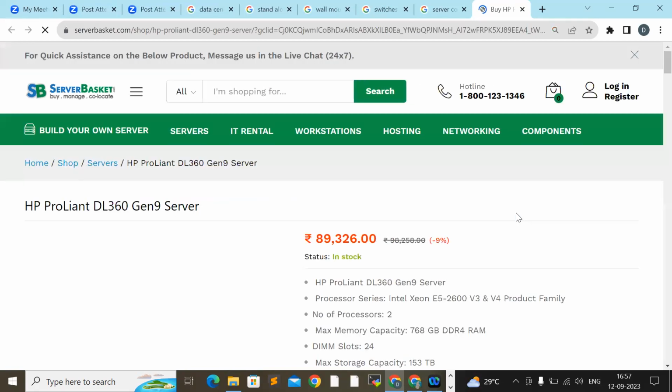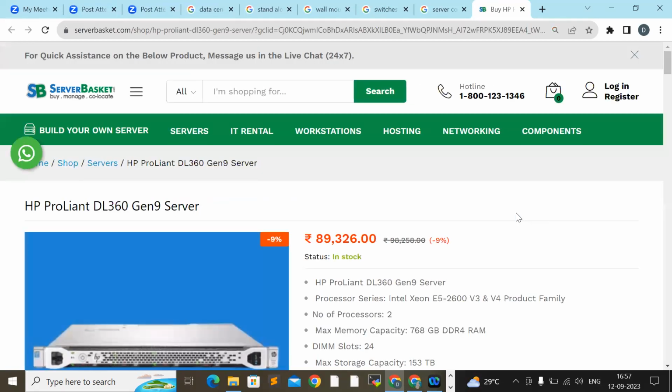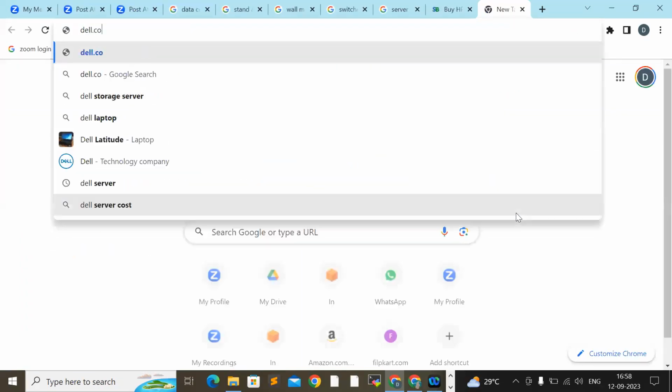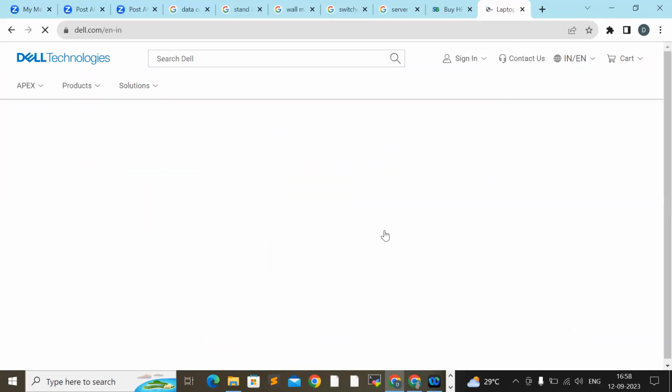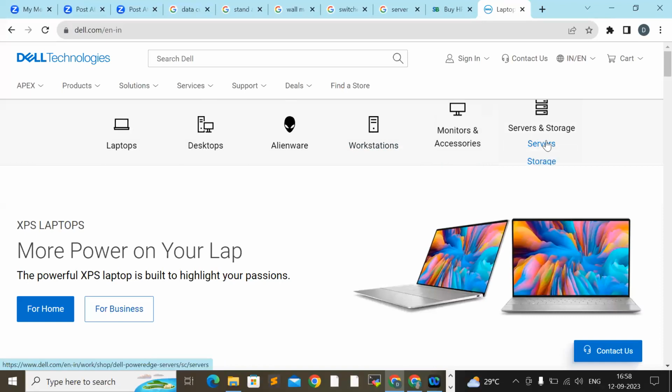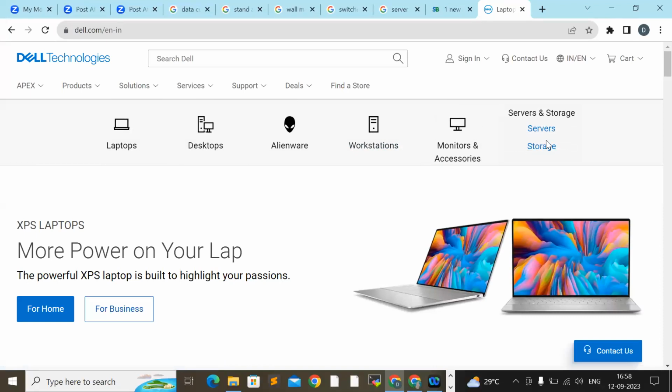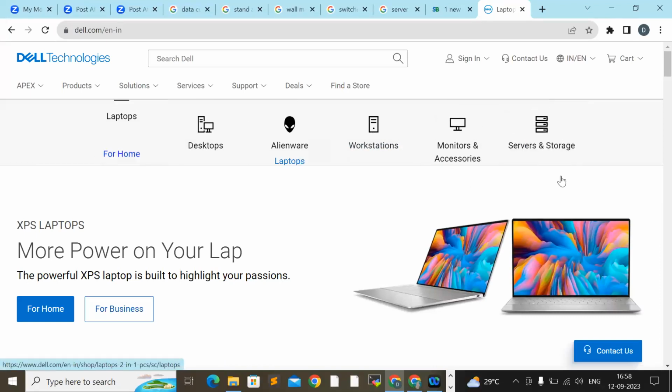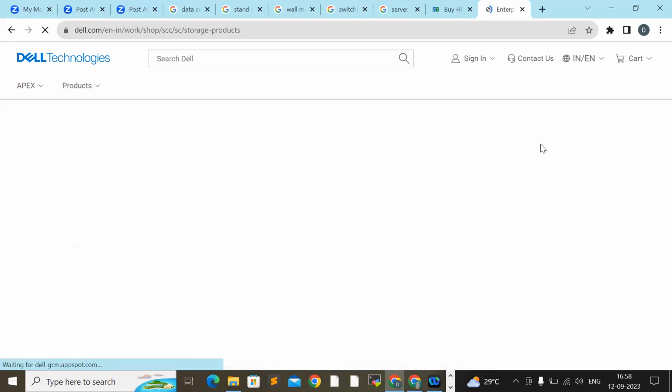On the official Dell site itself, if you order and then give back all of the servers, workstations, desktops, laptops, servers and storage, you will get half the rate.